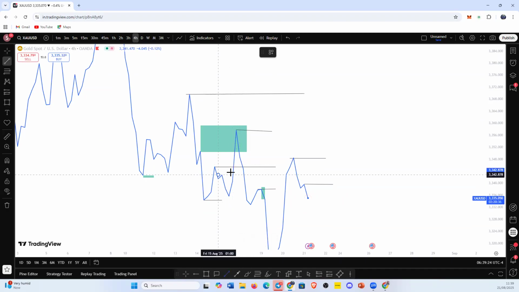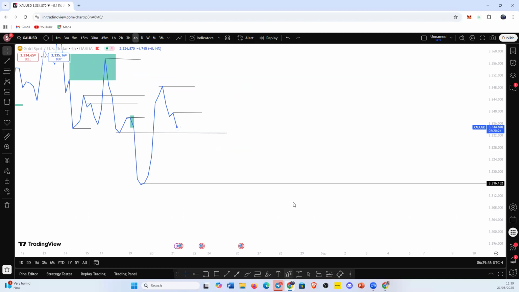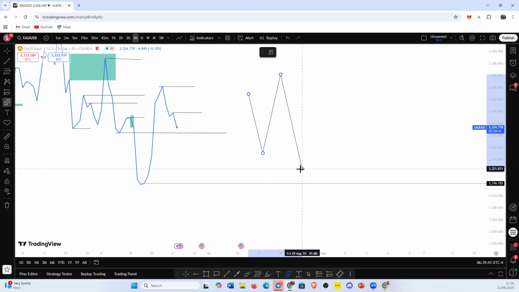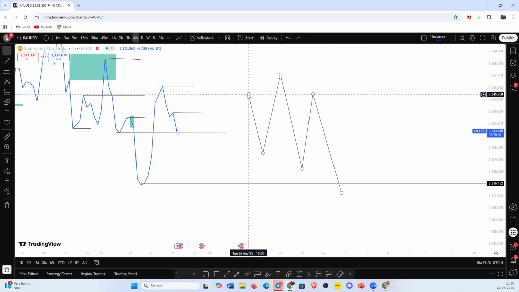This is another HNS level. This here is another HNS level. Whenever price does this, it becomes HNS. Let me put it very well.